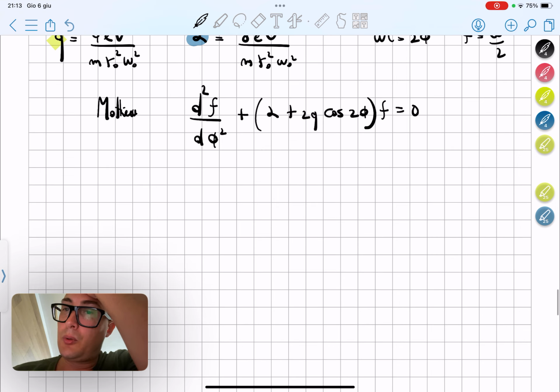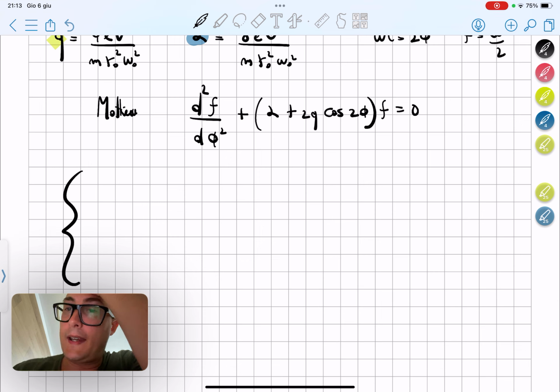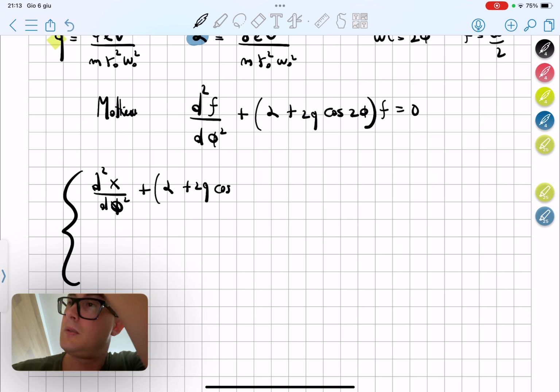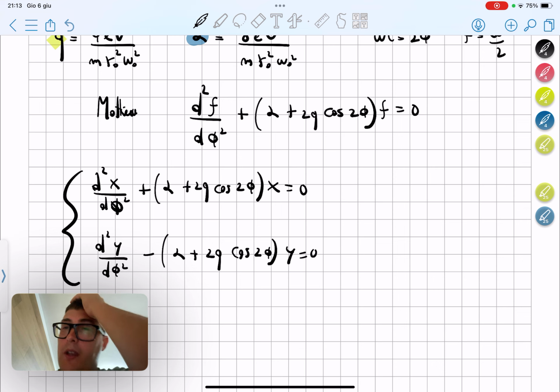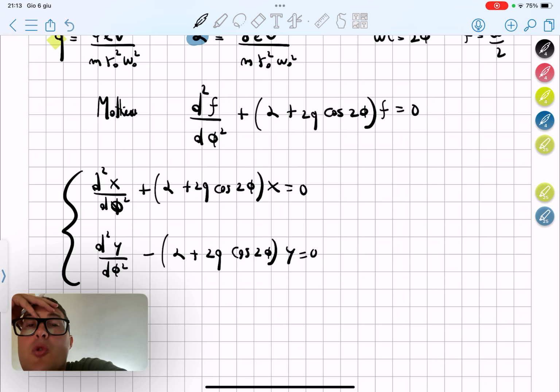And so we are able to rewrite it for the two coordinates. We said that for z there is no need, but for the other two we have d squared x d phi squared plus alpha plus 2q cos 2 phi x equal to 0, and d squared y d phi squared minus alpha plus 2q cos 2 phi y equal to 0. Okay, so these are the equations of motion.